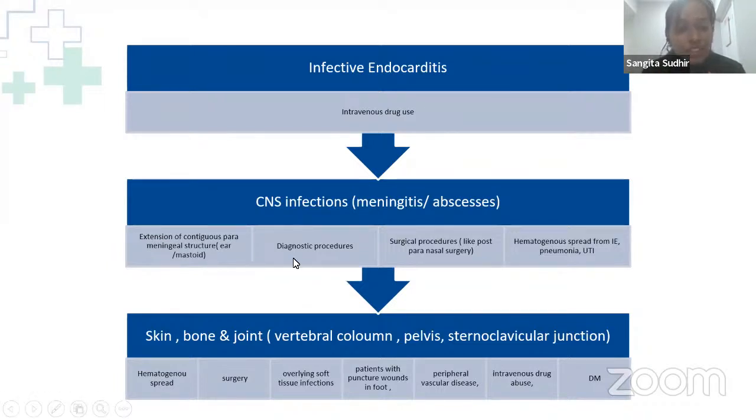Extension from parameningeal structures, diagnostic procedures, surgical procedures, and hematogenous spread from other primary sites can cause meningitis and abscess, even in infants. Now, again, hematogenous spread, surgery, and overlying soft tissue infections are some other reasons for skin and joint infections.